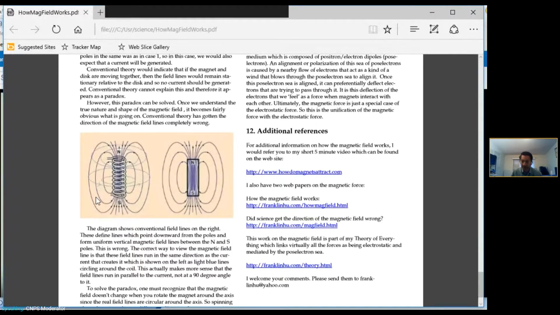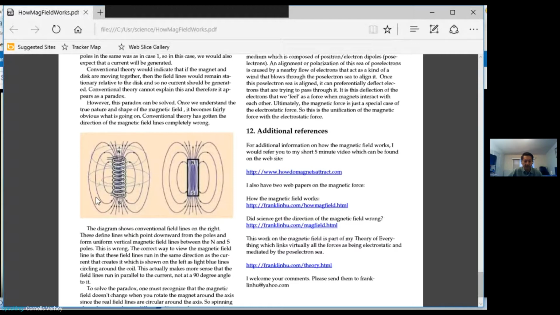That's one possibility. But the magnetic flux is circular and flows around the circuit, just like an electron's field pattern flows around an electrical circuit. They both flow around the circuit.